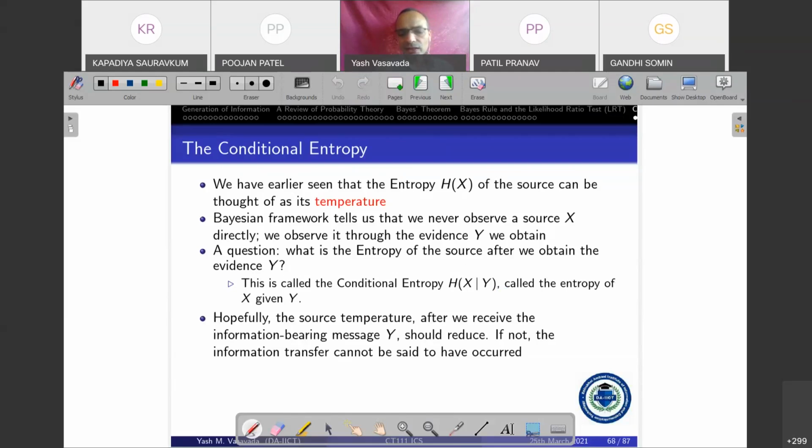But before we get into the exact formula, let me mention that, remember, this was the entropy before we made any measurement. And this is the entropy of the source after we obtain a particular measurement.